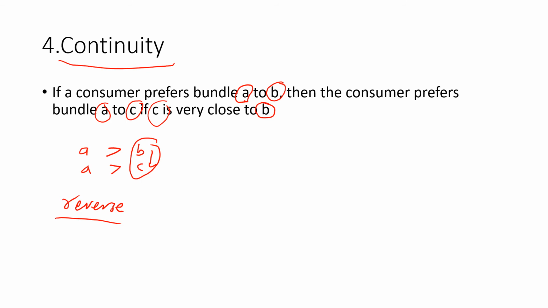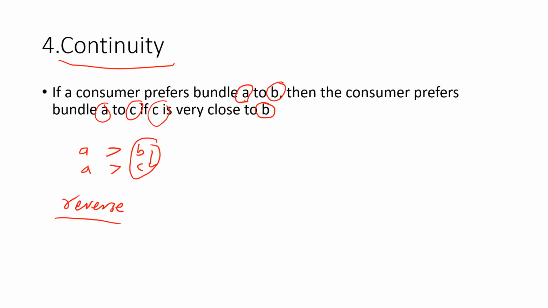Basically, by this axiom, we mean that there are no jumps in the consumer preferences, that a slight change in the basket does not suddenly reverse his entire decision. And we see that practically, when an individual is choosing between two goods, and then he feels that there is a slight damage in the second good, he suddenly shifts his demand away from that good.